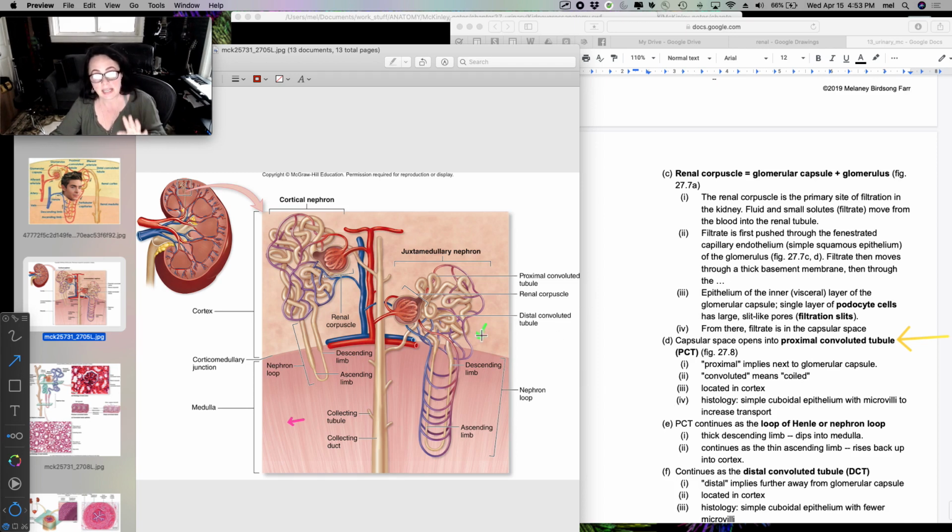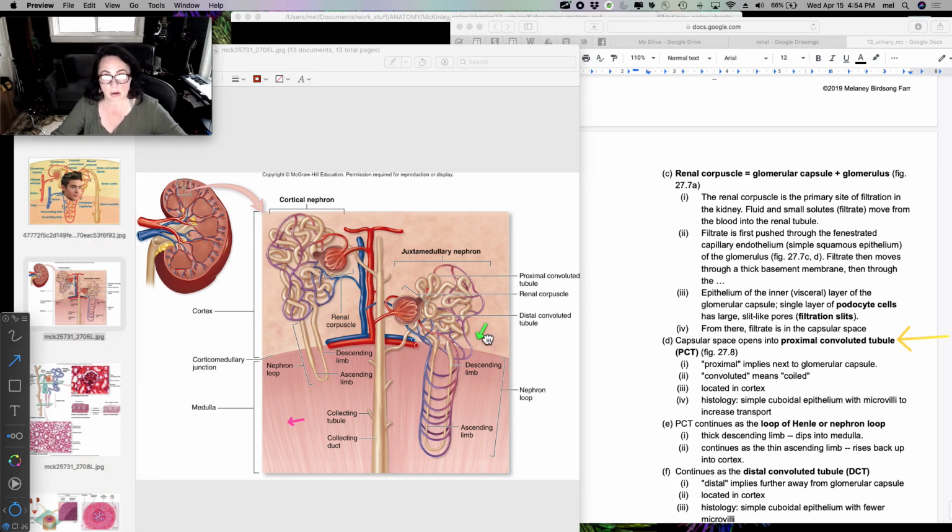All right, so now we're going to keep making our way out toward the toilet. Ready? So I push that molecule of urea into the proximal convoluted tubule. And then if you can follow it, it's hard to follow in this one, the proximal convoluted tubule will lead to the, oh, there it goes.